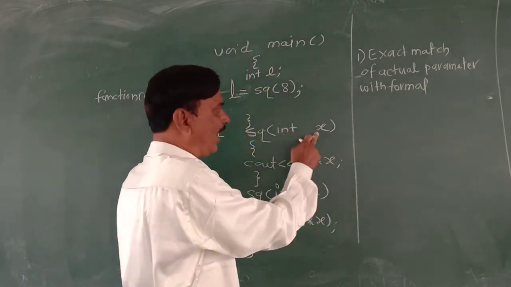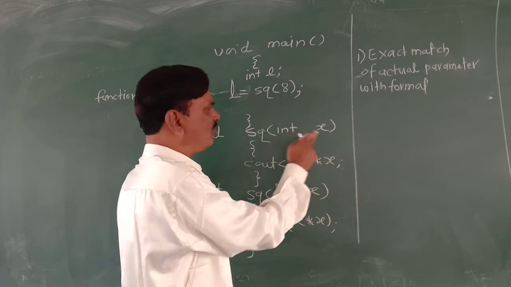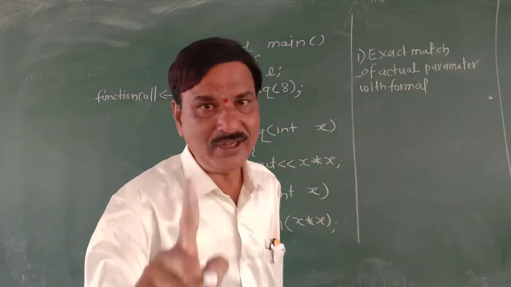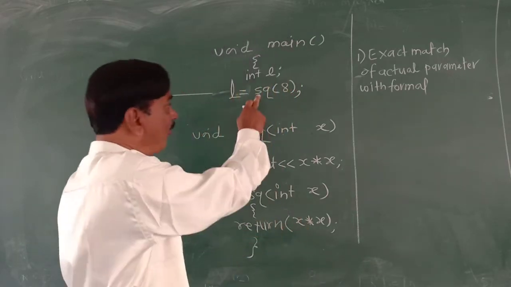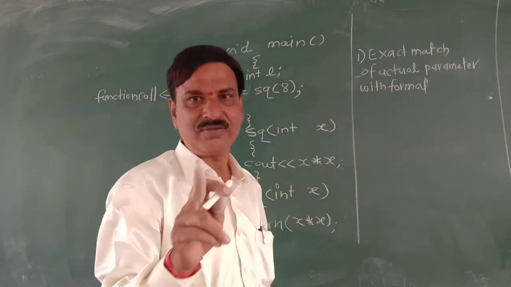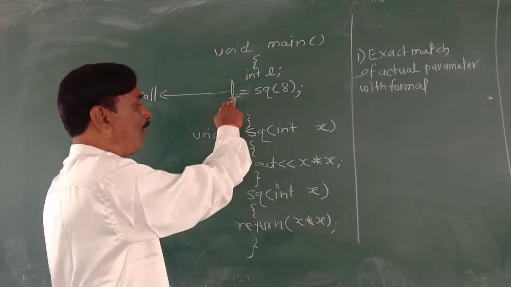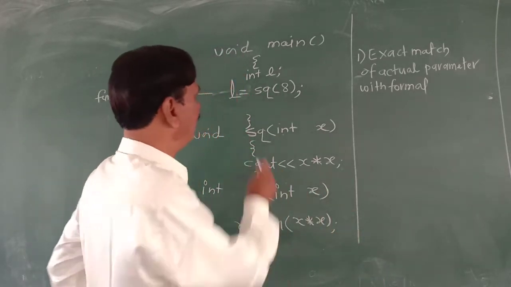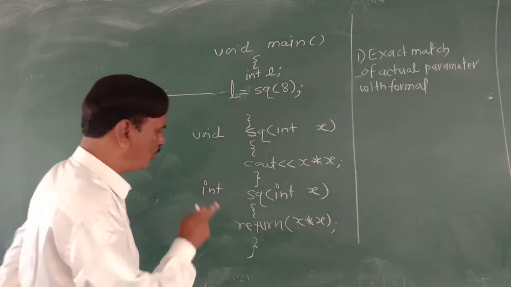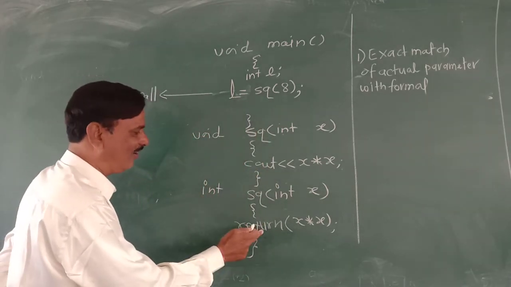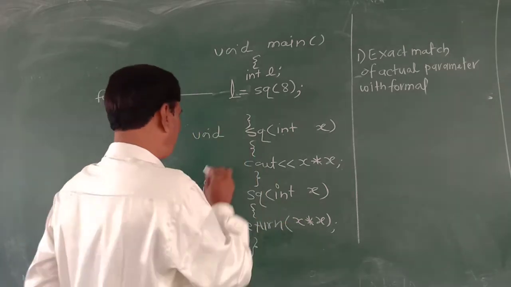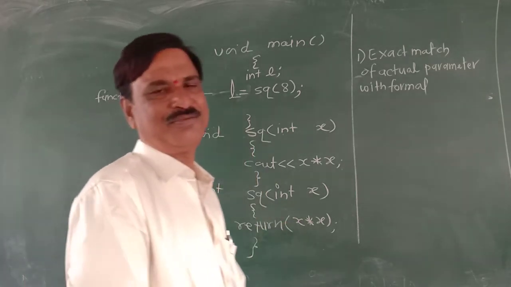It matches with x because actual parameter is one int, formal parameter is one int, match. But the function has to return in L where L is integer. That's why the function must return. This sq function is not returning. So here is the function which is returning. Return x into x. So return type is int. That's why this function is selected.